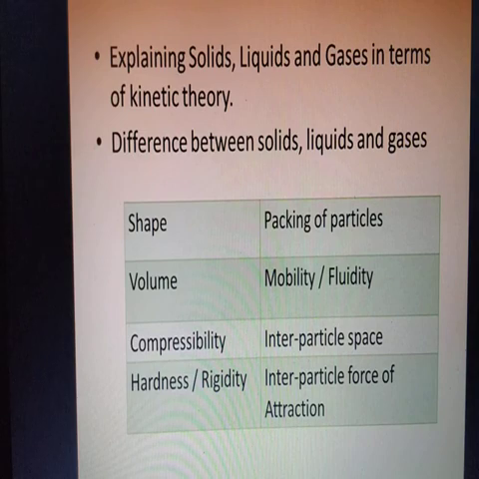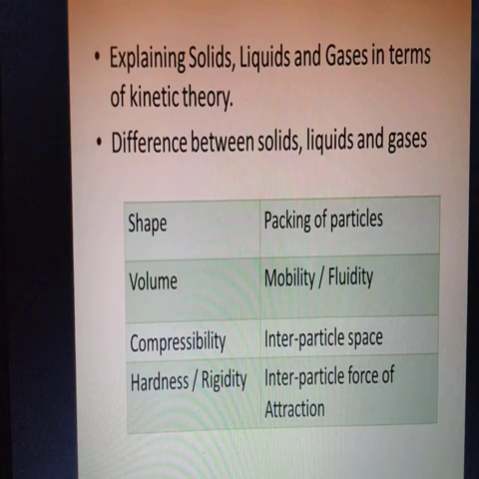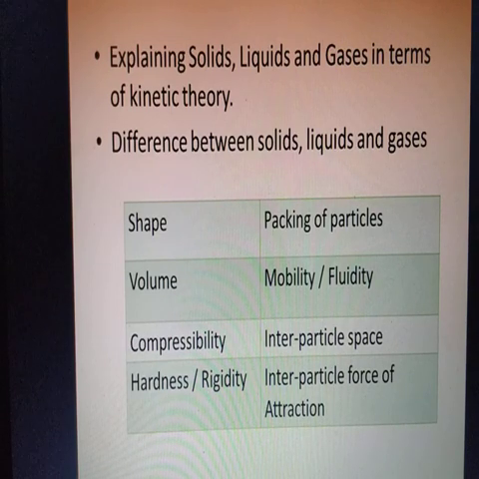And since they can flow, they can take up the shape of the container in which they are kept. For liquids, it can be seen visually. For gases, it becomes difficult unless the gas is a colored one.